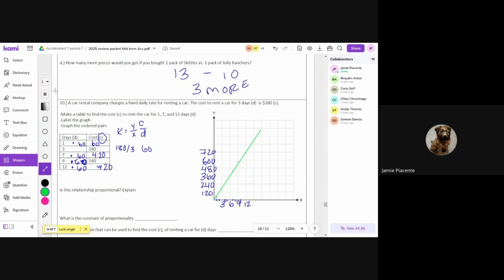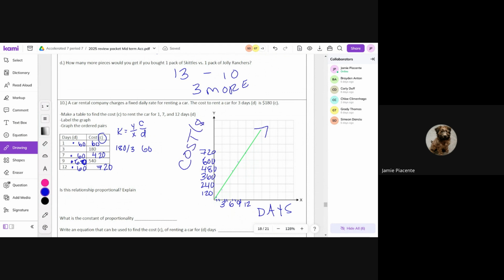Okay. So looking at this, we are not done. We need to write our equation on the line. We need to write labels. So down on the bottom, my X was my number of days. My Y was my cost in money.